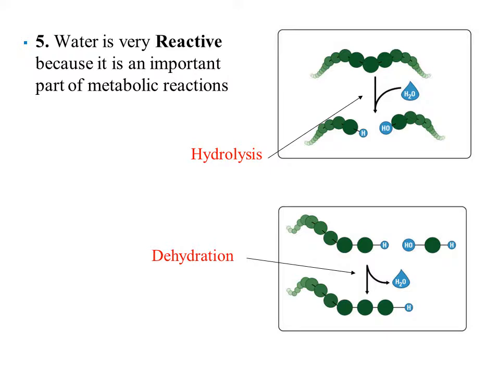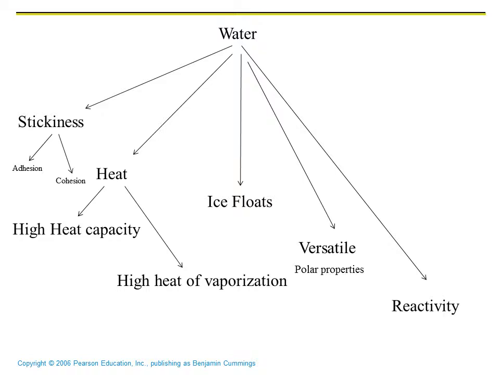The bottom image shows dehydration. When I'm going to take glucose molecules and form glycogen, a polysaccharide, water is going to be released from this chemical reaction. This is a concept map taking all of those properties of water and linking them together.